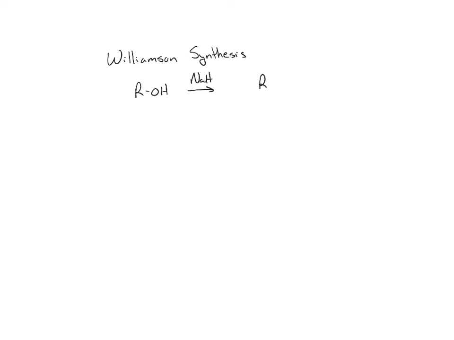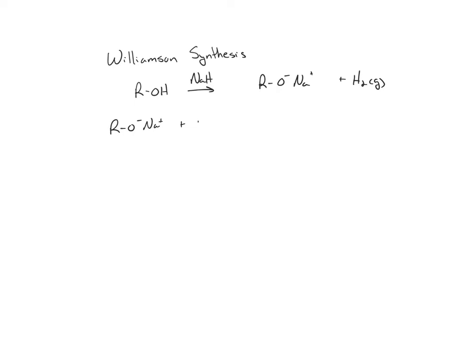Sodium hydride removes a proton and makes the sodium alkoxide plus hydrogen gas. This is one way to make it. You can make it with sodium or potassium.